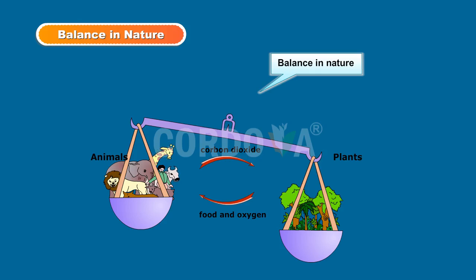Similarly, if there is an increase in the number of plants, animals may not be able to supply enough carbon dioxide to the plants for their food-making process of photosynthesis. What will happen if the number of either plants or animals decreases suddenly? It will disturb the balance in nature. To maintain this balance, we need to protect both plants and animals.